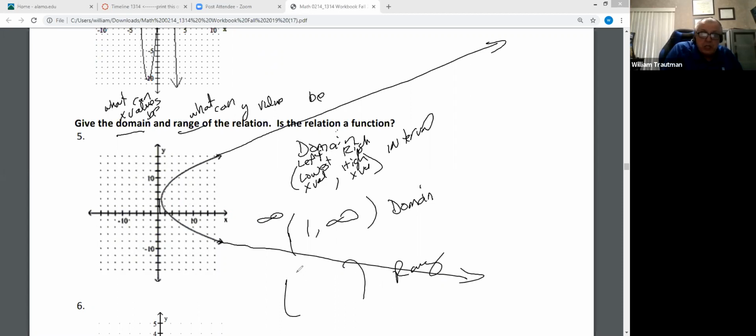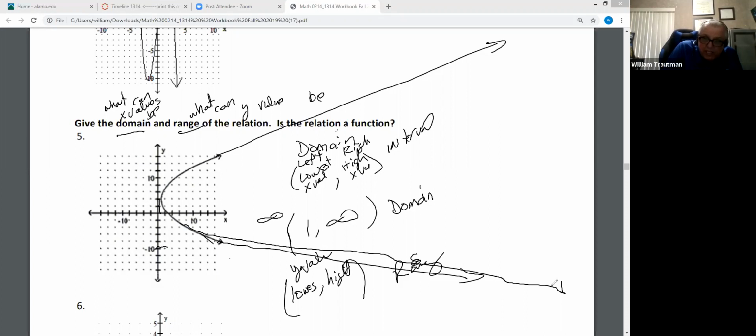Now the range is the y values. The lowest y value and then the highest. So if you look at this, do you see how this goes down? And since it's an arrow, it's going down. If you look at -10, there is a graph because it goes down.